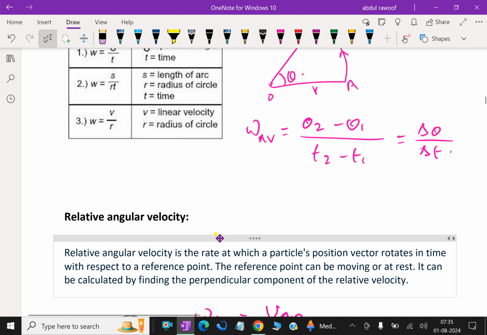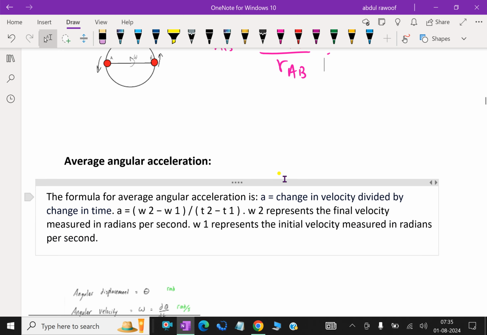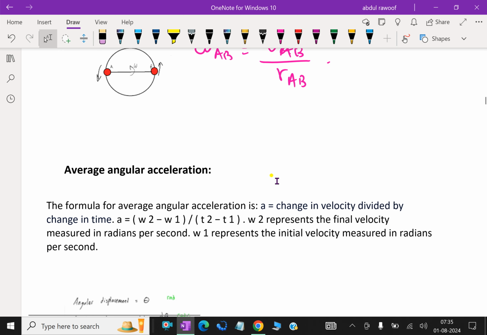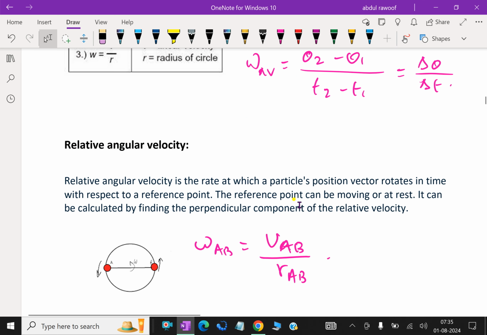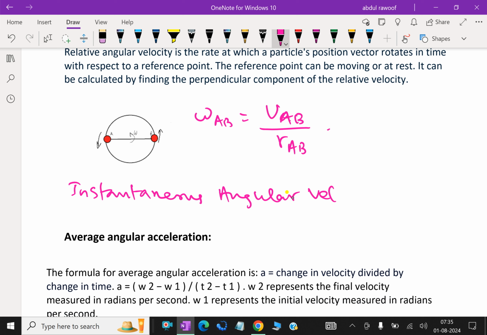Next one, instantaneous angular velocity. At a particular time, at a particular position, what is its velocity?